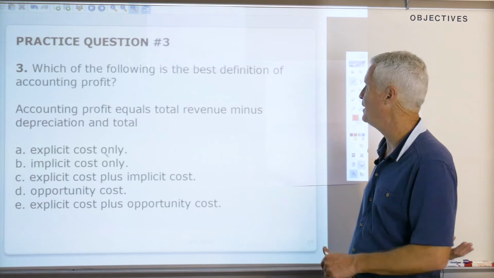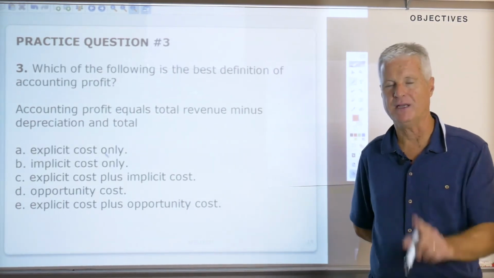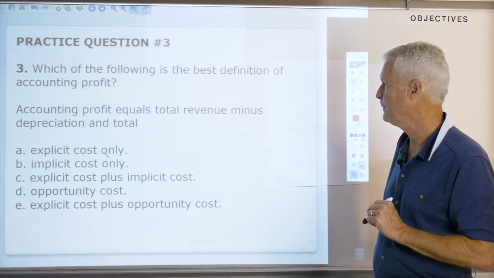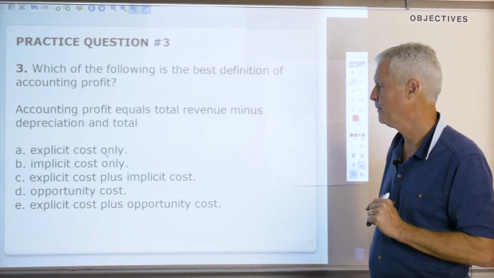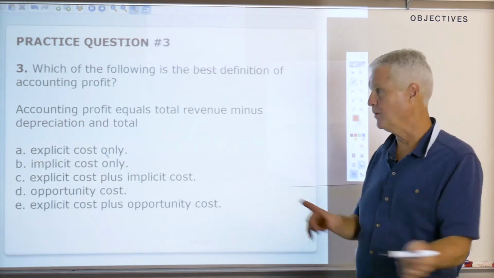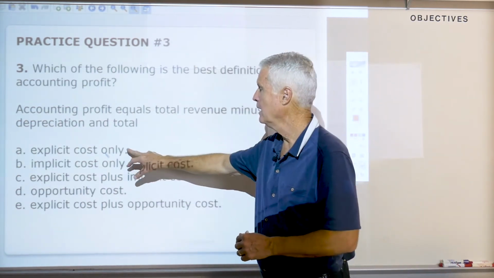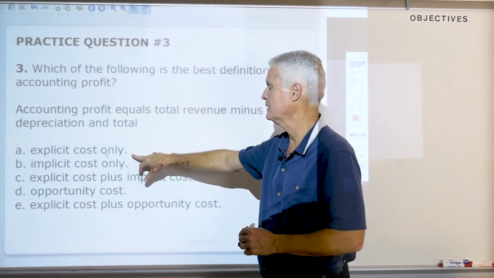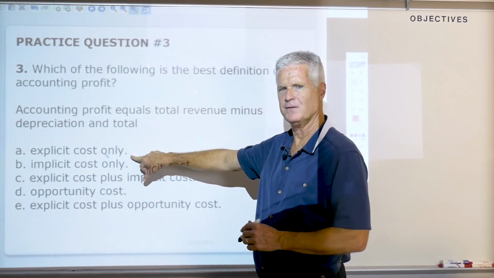Which of the following is the best definition of accounting profit? Accounting, not economic, accounting profit. Pause the video. And we're back. Okay. Total revenue minus depreciation and explicit cost. Yeah, that sounds right, doesn't it?